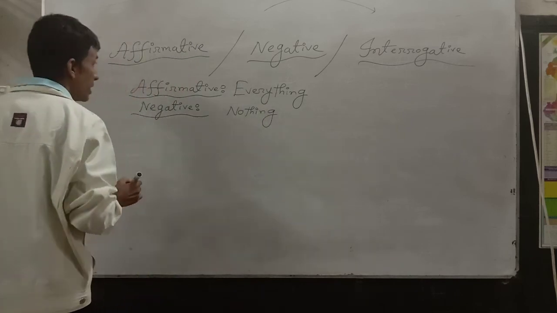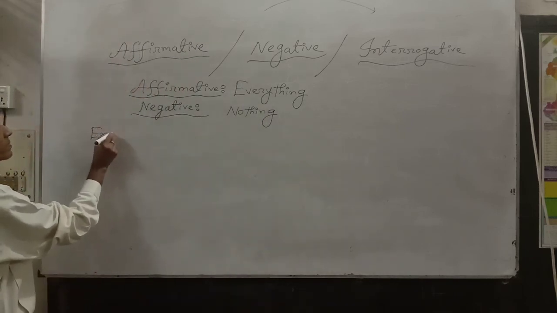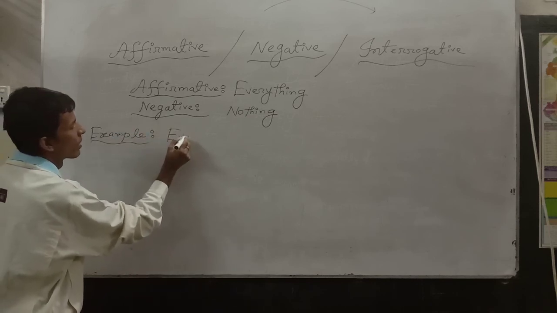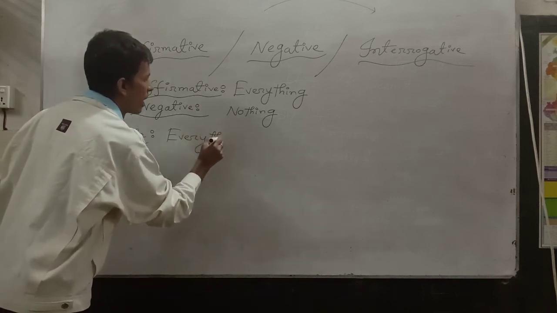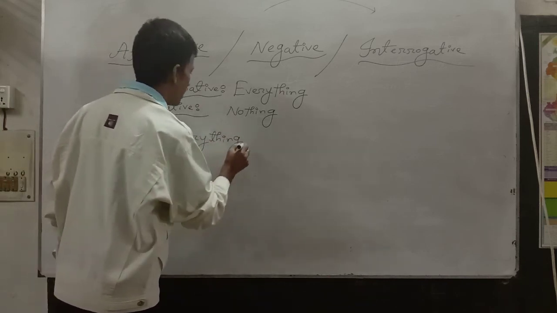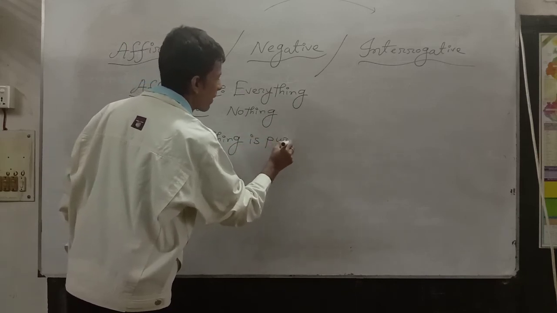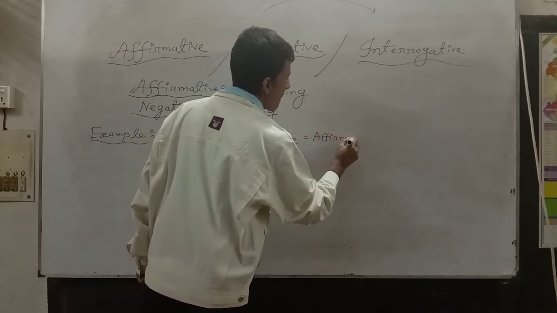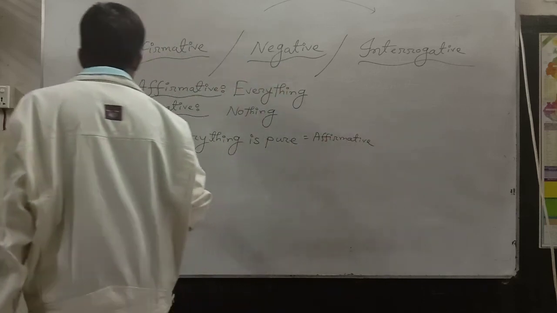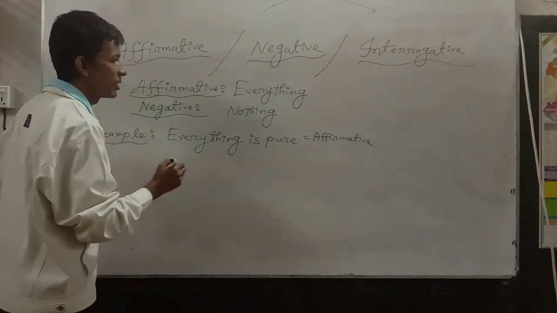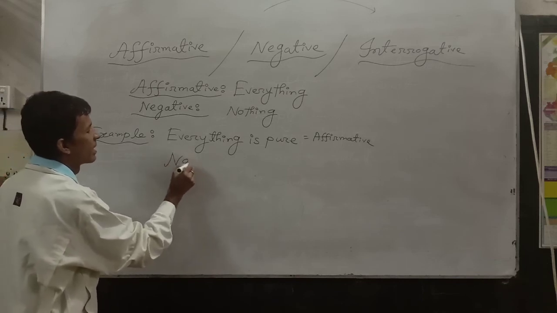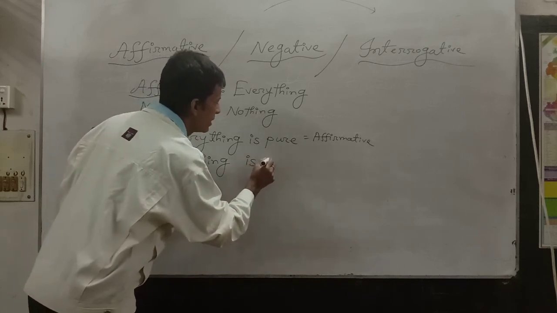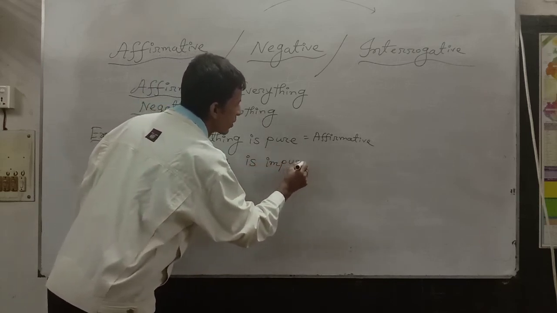Now I will explain the example. Everything is pure. This is an example from affirmative sentence, and it will be transferred into negative sentence by writing: nothing is impure.